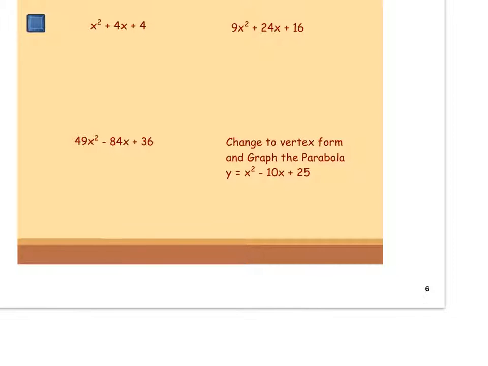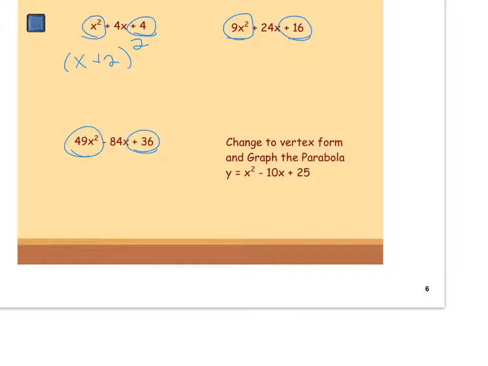One way that I can tell is that my first and last terms are both perfect squares. Now, you can't just automatically assume that it's a perfect square trinomial, but it's a pretty good indication that it will be. So if you have three terms, x squared, the square root would be x, and for 4, the square root would be 2.